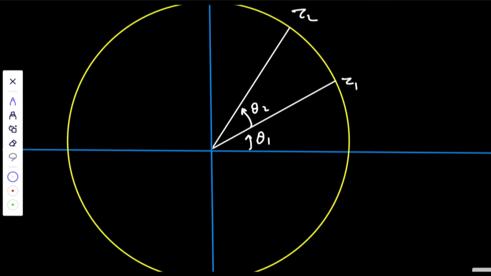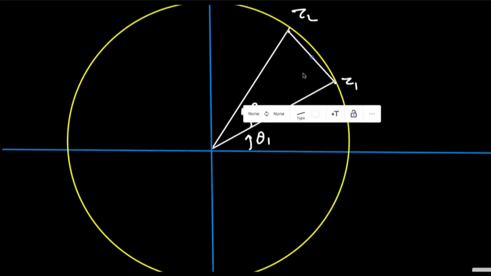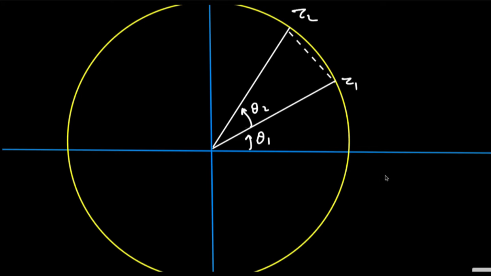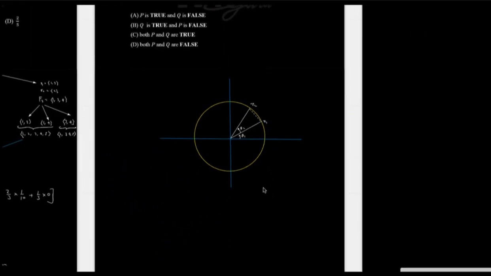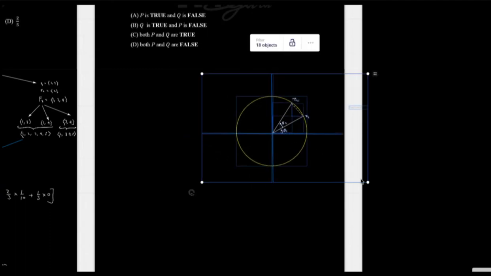So if we join these two points over here, then what do we think about? We think about Z2 minus Z1, this distance. You can see that this line is Z2 minus Z1.